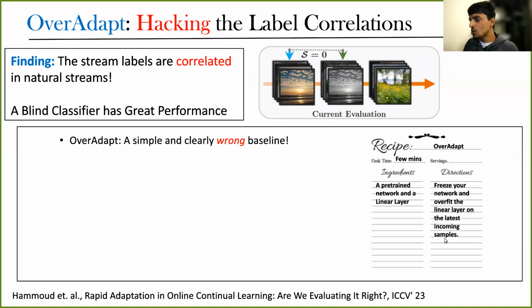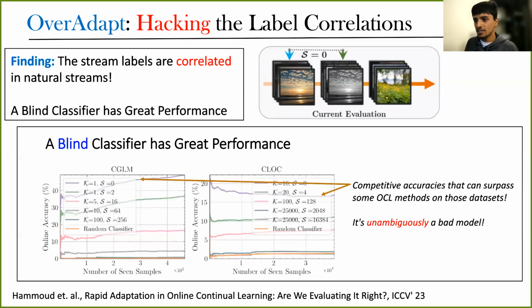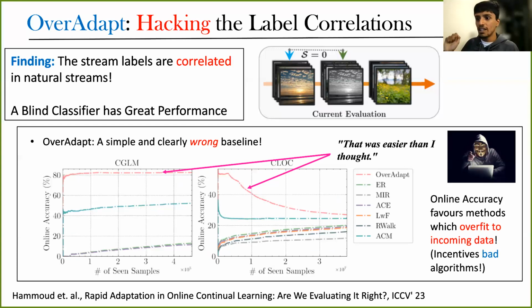We freeze our network and overfit the linear layer on the latest incoming samples. Essentially, we want to preserve the features so we don't train the whole network, but we want to just overfit to the latest samples. And by doing this, we achieve incredibly high performance on the existing baselines.